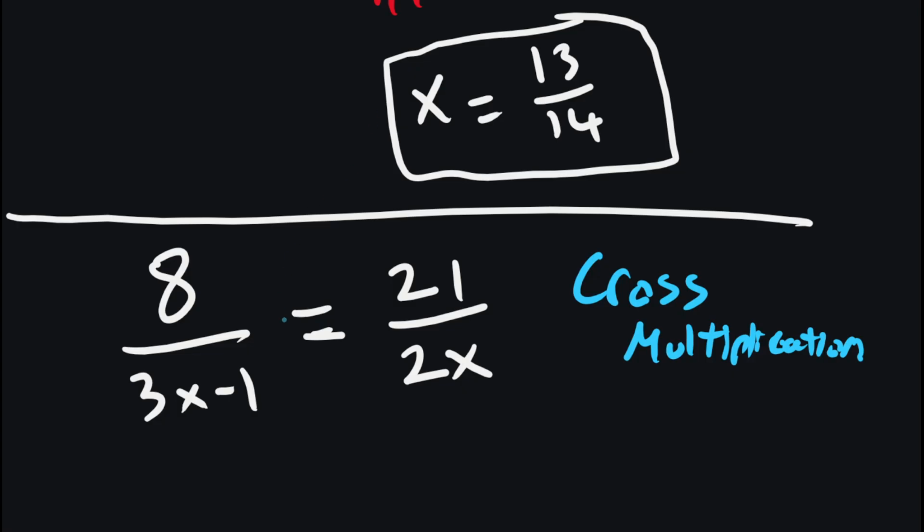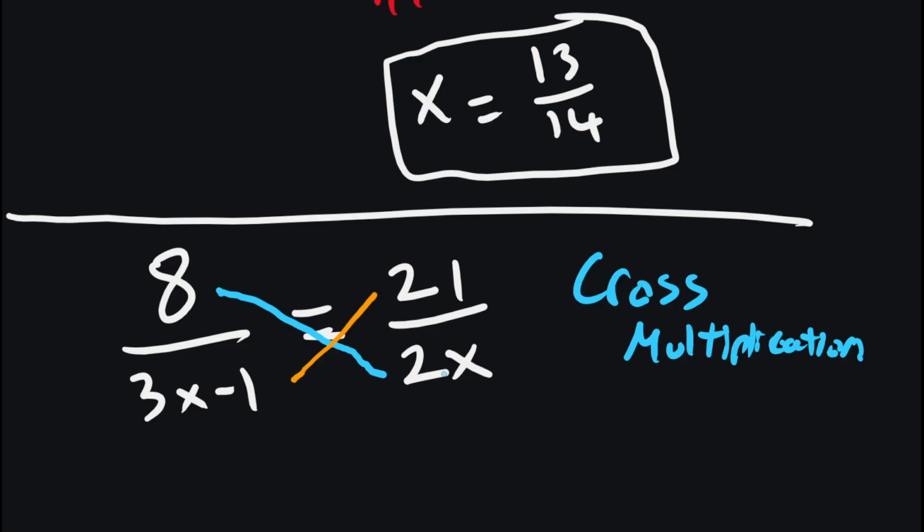How cross multiplication works is you multiply the numerator up here, 8, by the denominator on the other side of the equal sign, 2x. And you multiply the numerator on the right side, 21, by the denominator on the other side of the equal sign, 3x minus 1.